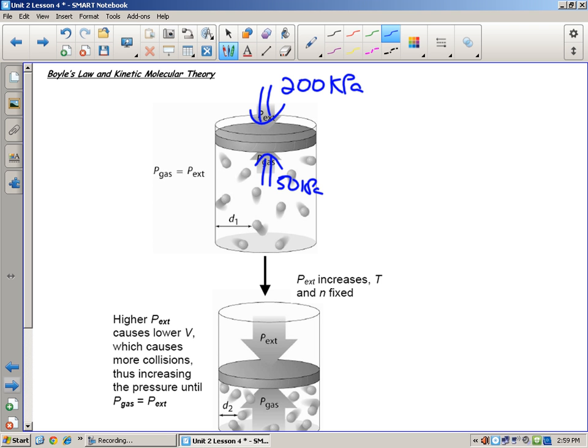The only time this plunger is going to stop is when you make this volume small enough down here, and you have enough gas packed in there with so many collisions that it also equals 200. If this was 200 and this was 150, you're going to keep pushing down once again until you get to 200. The force on the outside has to equal the inside. They have to equal out, right?